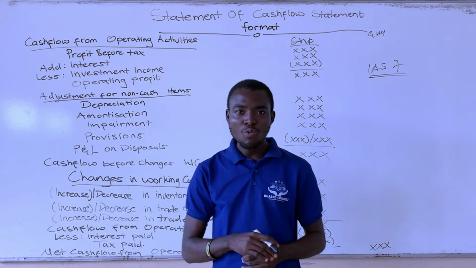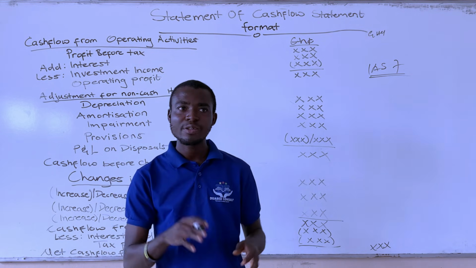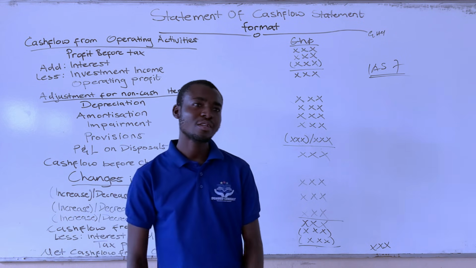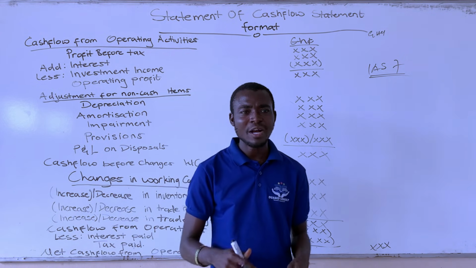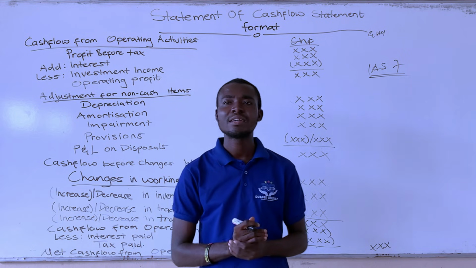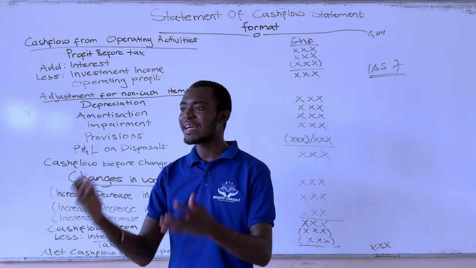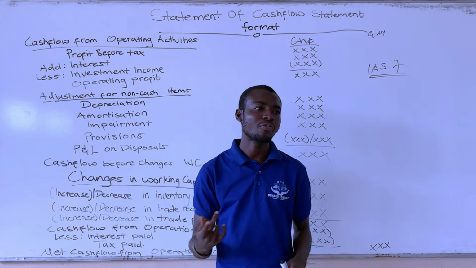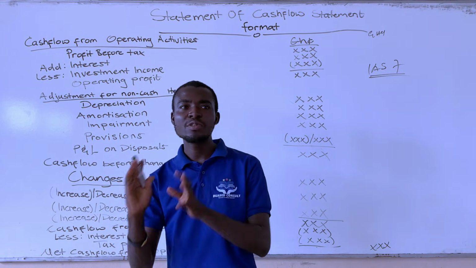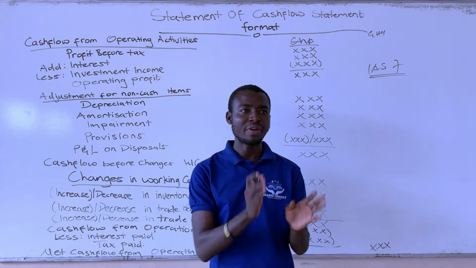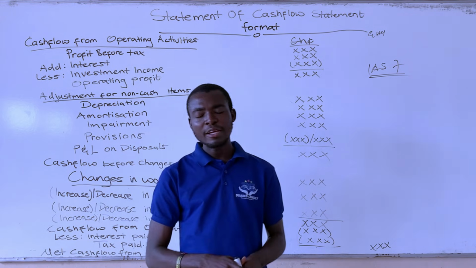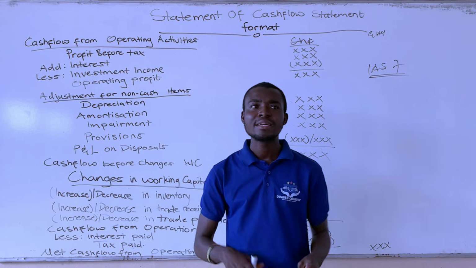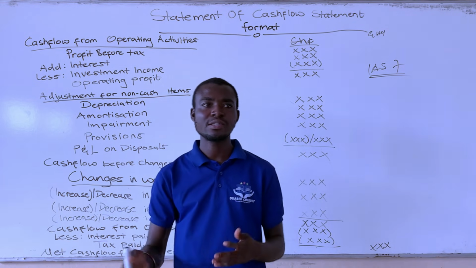And then the final component of the cash flow statement is financing activities. Financing activities is about how the organization is able to finance its operations. And we have two main types of financing: equity financing and debt financing. Equity financing is about the issuance of shares.